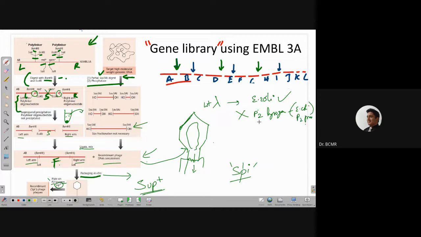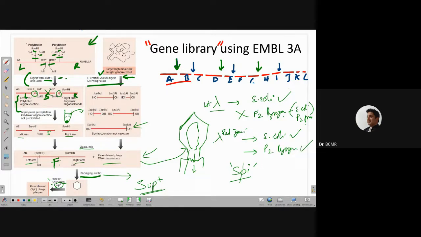Somehow the P2 prophage inhibits lambda from infecting the P2 lysogen. Two genes have been found to be responsible: red and gam. If we delete red and gam, the phage can form plaques on E. coli, and it can also form plaques on P2 lysogen.